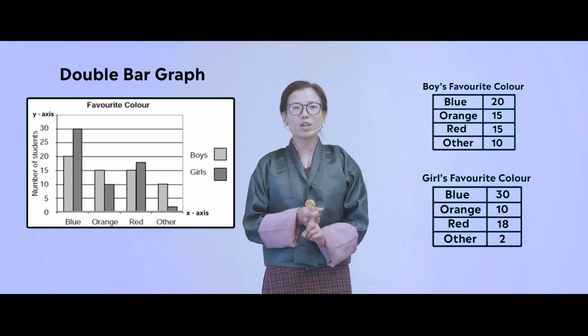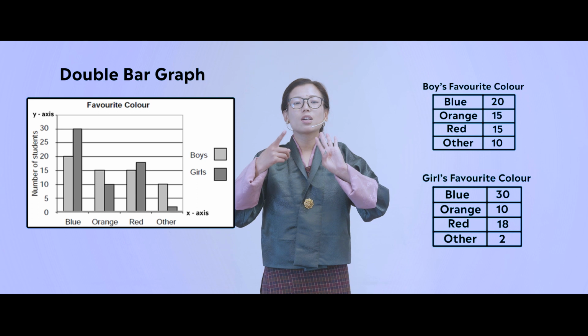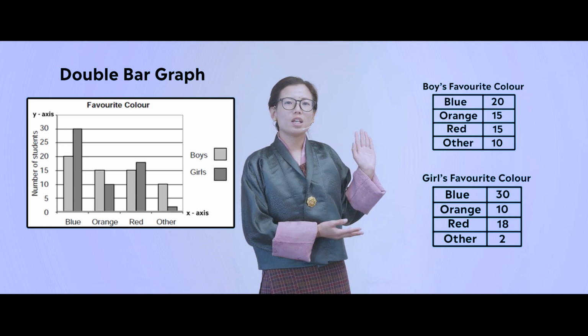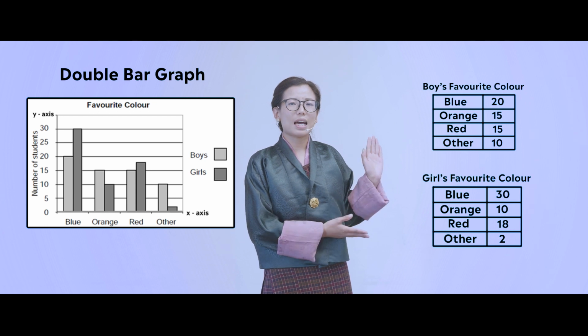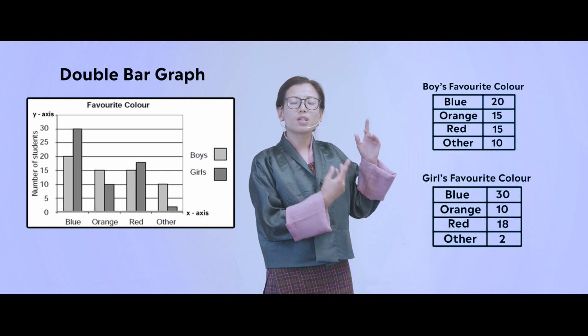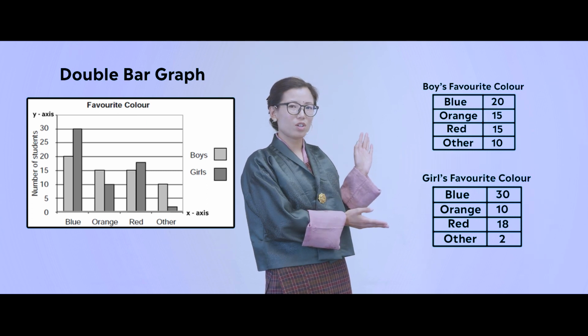So out of the four colors, blue, orange, red, and other colors, which of the colors do the boys choose as favorite and which of the colors do the girls choose as their favorite? So the information is given here.